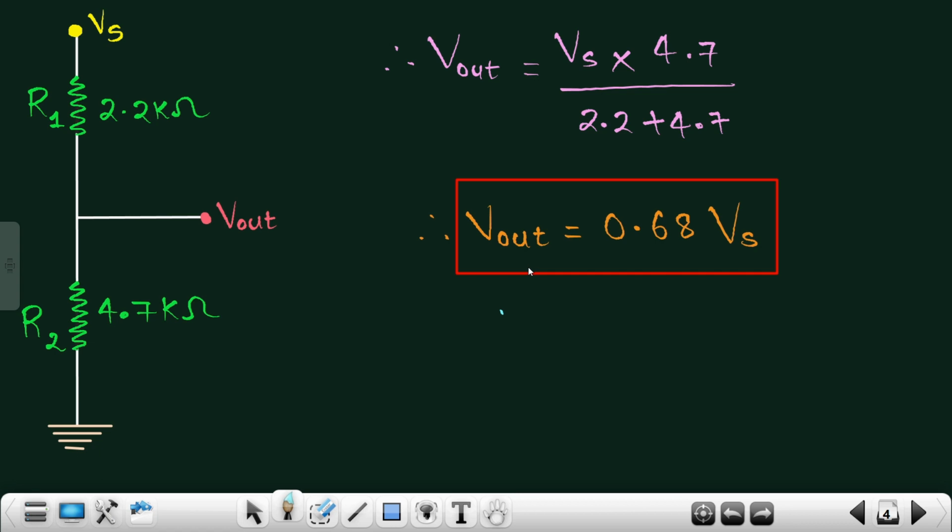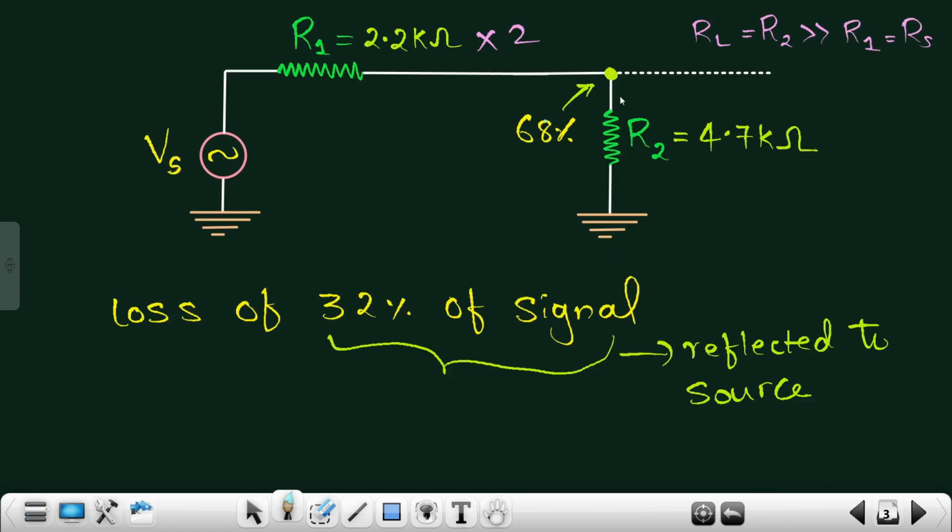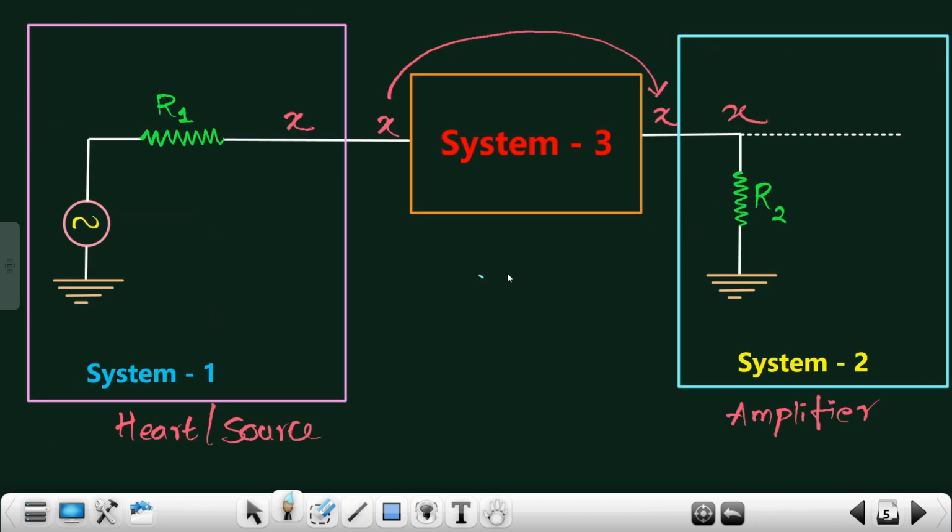It is 68% of the original signal. That means there is a loss of around 32% of the signal, or that signal is getting reflected back to the source, right? So to counter this issue, we need to design one system in between.